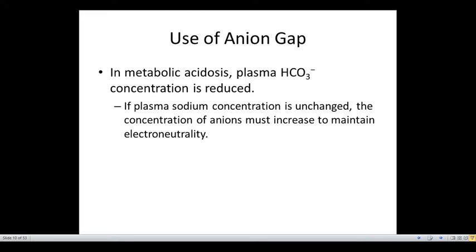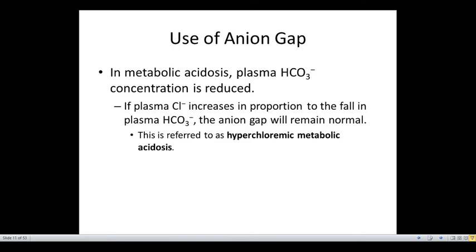If plasma sodium concentration is unchanged, the concentration of anions must increase to maintain electroneutrality. If plasma chloride increases in proportion to the fall in plasma bicarbonate, the anion gap will remain normal.